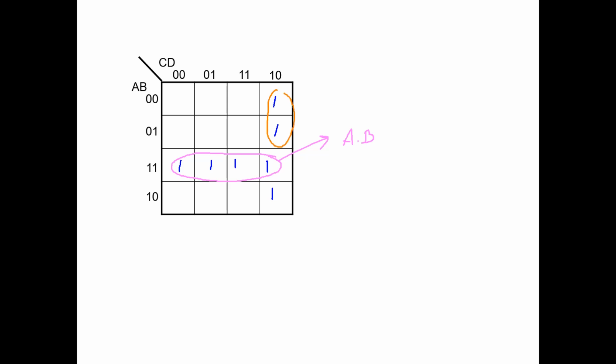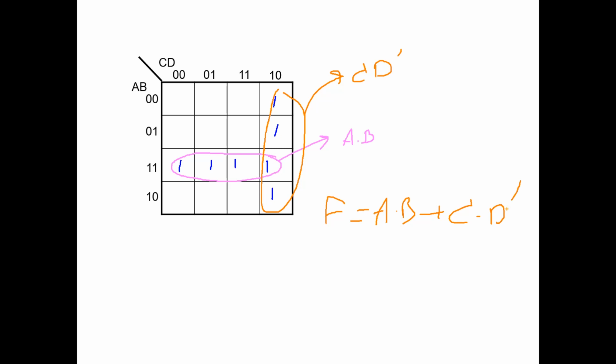And how about this one? Can I group this one? Yes, but it's better if I select all of these 4 cells, right? And this 4-cell group is C and D prime. So your function is A and B plus C and D prime.